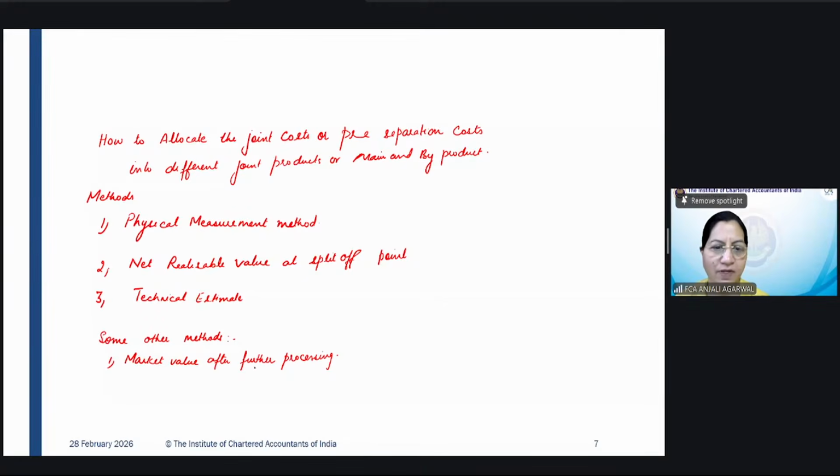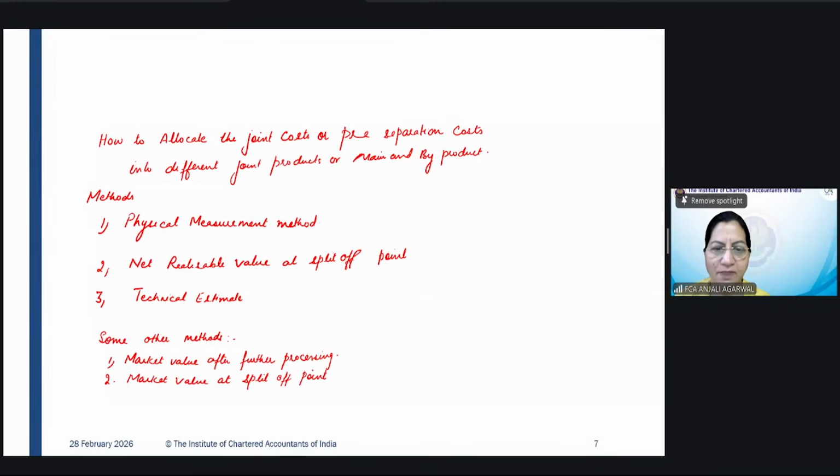So then market value after further processing can be used. You may also use market value at split off point. So if the products are sellable at the split off point as well, then what price would they be sellable at? And the total number of units into selling price will give you the market value at split off point.